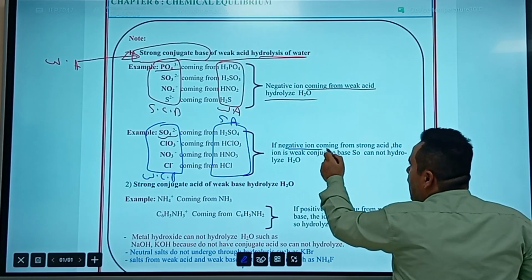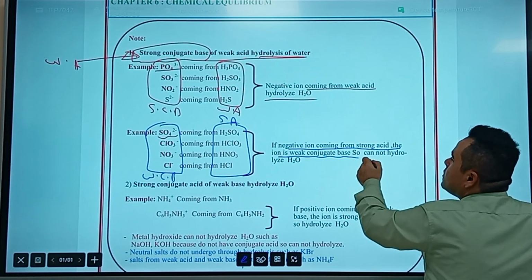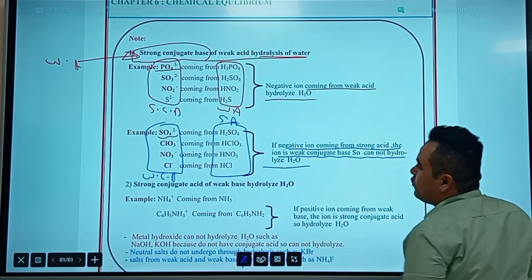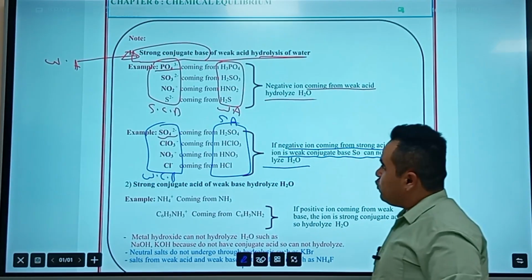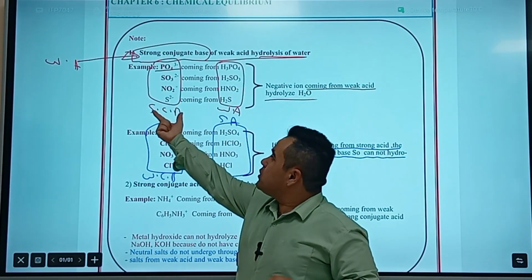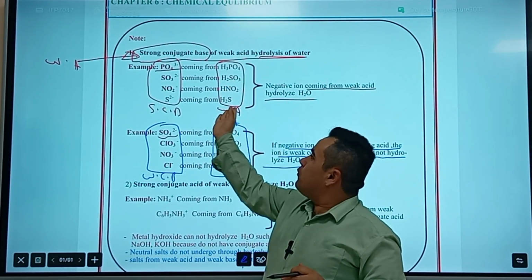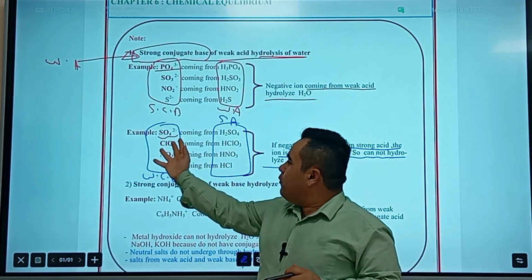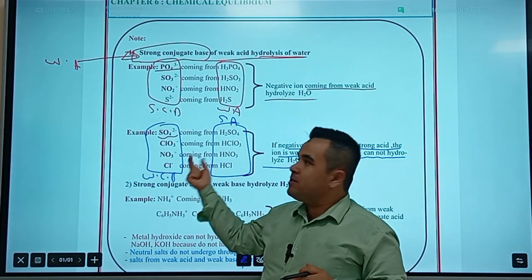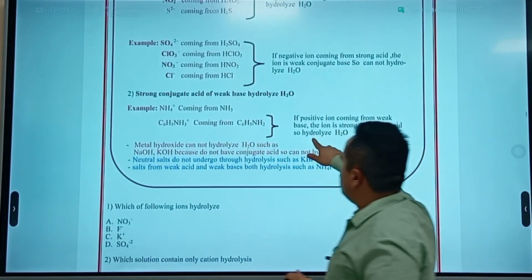So, if a negative ion comes from a strong acid, the ion is a weak conjugate base, so it cannot hydrolyze with water. A group of anions which are strong conjugate bases can undergo hydrolysis, which they come from weak acids, but a group of anions which are weak conjugate bases obtained from strong acids, they cannot undergo hydrolysis.